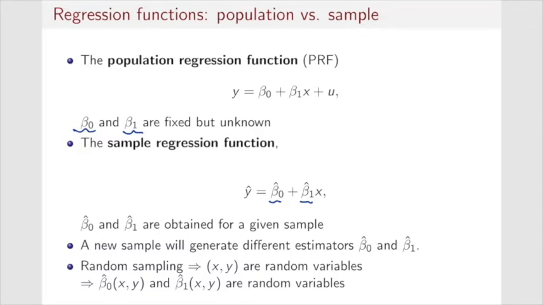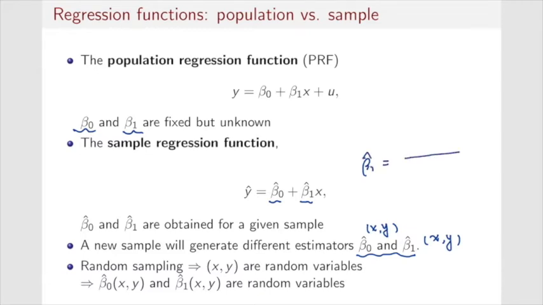Given a new sample, we will have a new beta 0 hat and a new beta 1 hat. In other words, these two estimators are some kind of function of the sample x and y. Indeed, it is the case if you write down the formula for beta 0 hat and beta 1 hat.